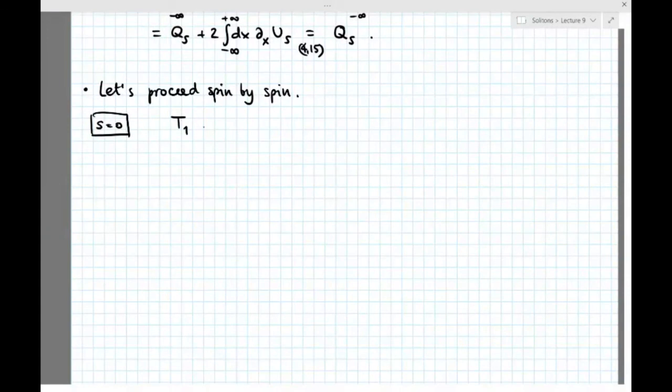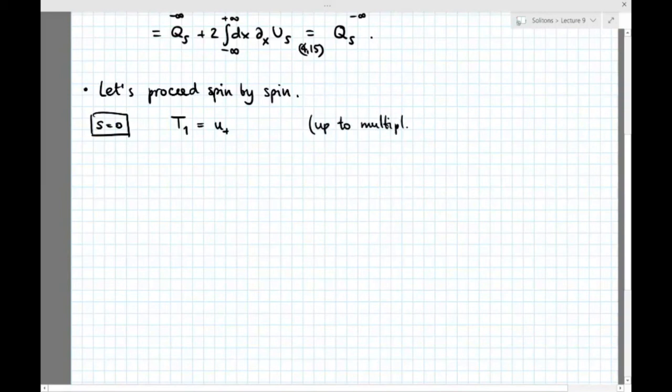And this polynomial can only contain one derivative, so up to a multiplicative constant, the only option is u plus. And we don't care about the multiplicative constant because that will only rescale the conserved charge.